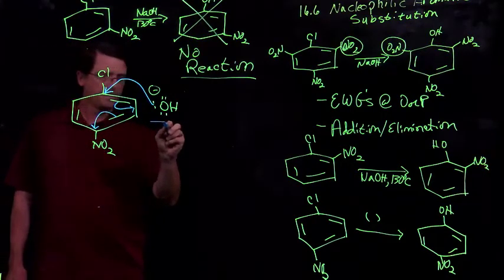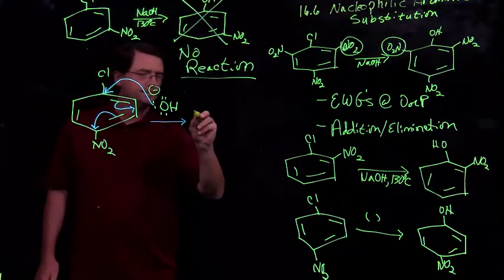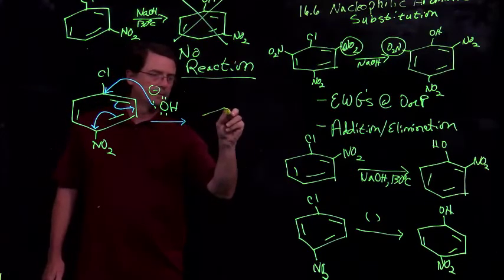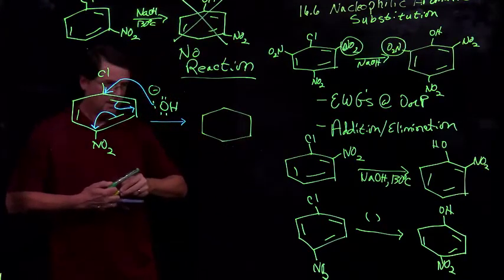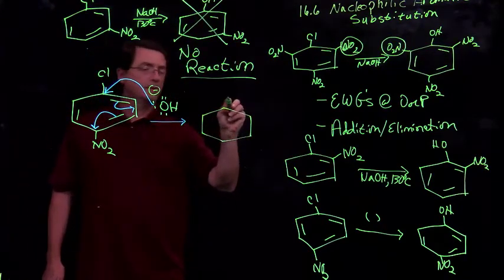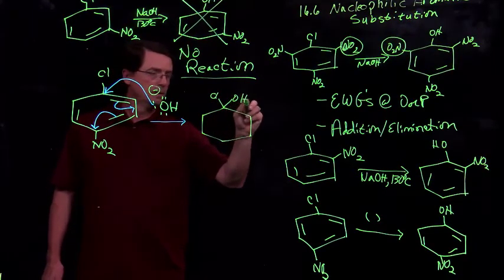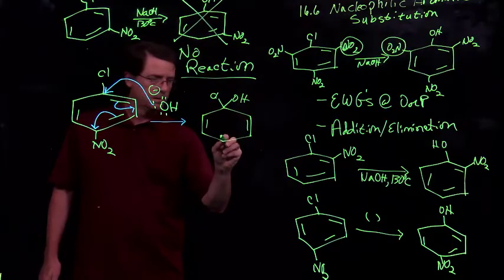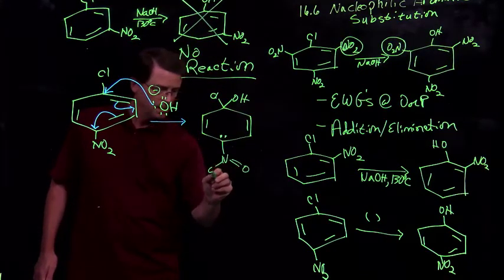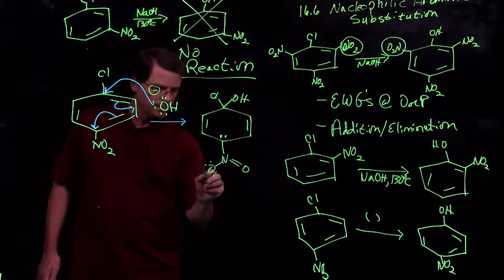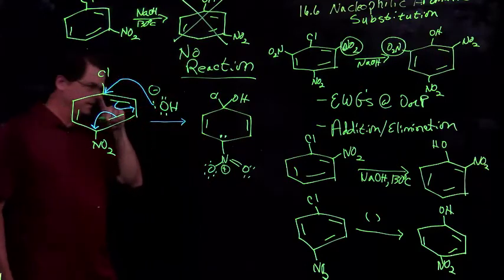We produce an intermediate. Now, I'm going to draw out the nitro group this time. Remember, the nitro group is strongly electron withdrawing.